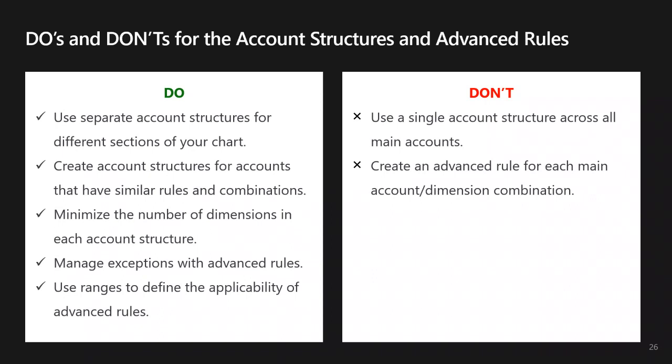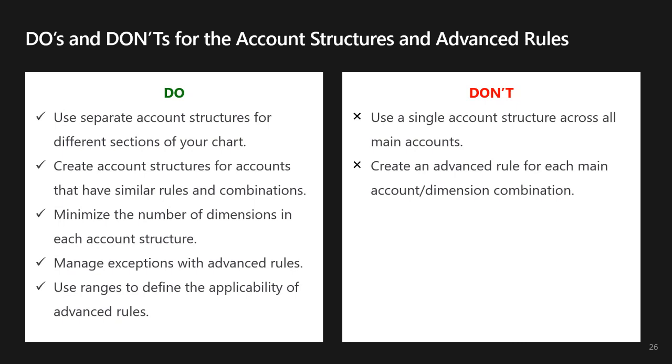When you start to make lots of account structures and lots of advanced rules, you will start to see performance degradation. So the more you can simplify it and the easier it is to configure, one, it's going to be easier for your users to understand and the usability will be improved.